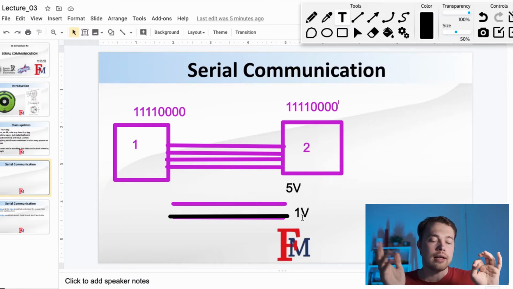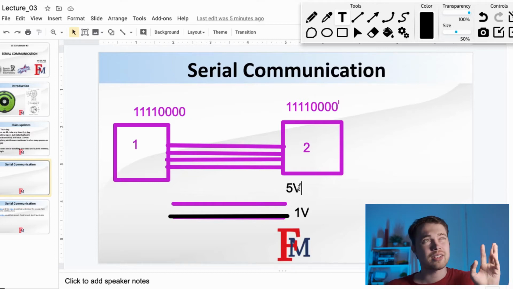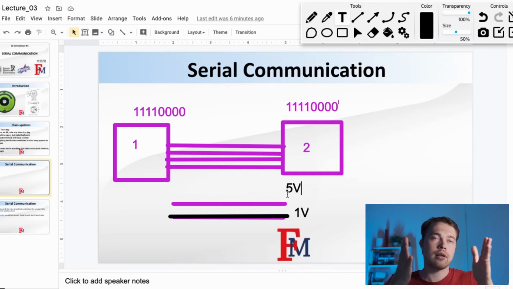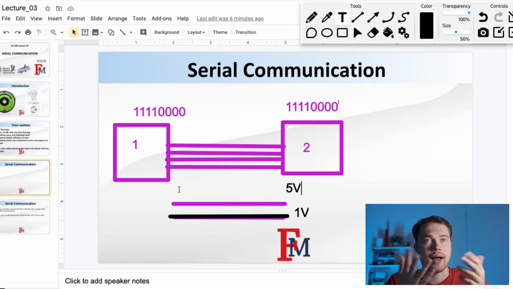If on this wire compared to this wire you have something like 5 volts, it really depends on the logic, but let's say 5 volts, that means he's sending you ones. So if you have 0 volts on this wire compared to this wire, so there is no difference, like 1 and 1 or 0 and 0, in this case 0 is being sent. If you have anything different from 0, most likely 5, that means 1 is being sent.